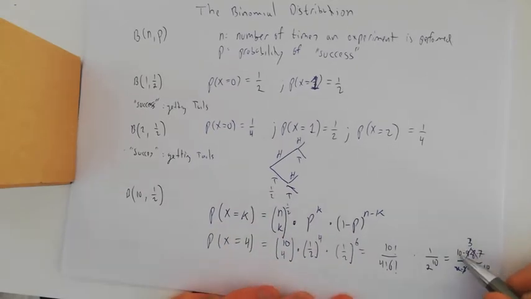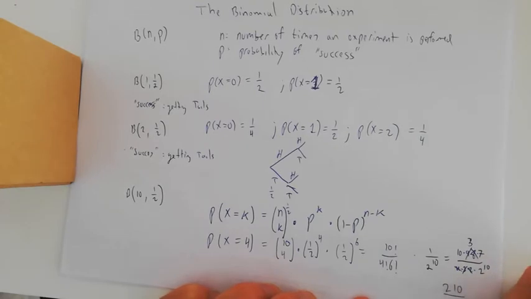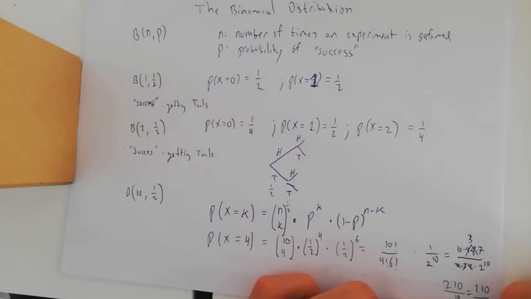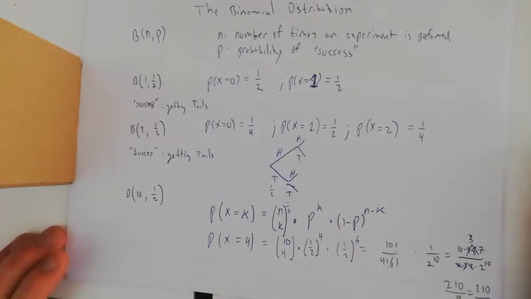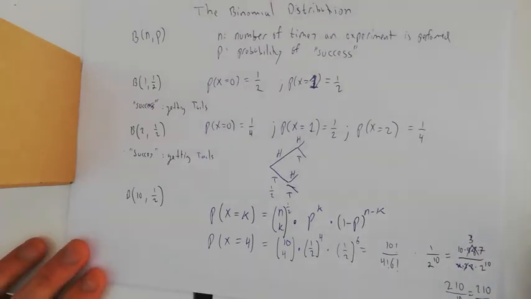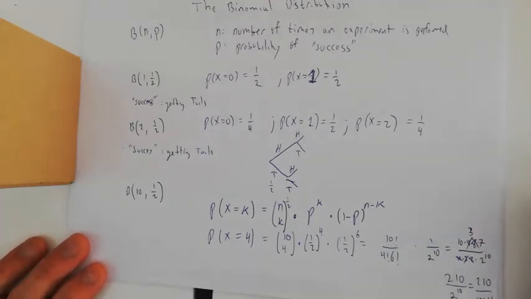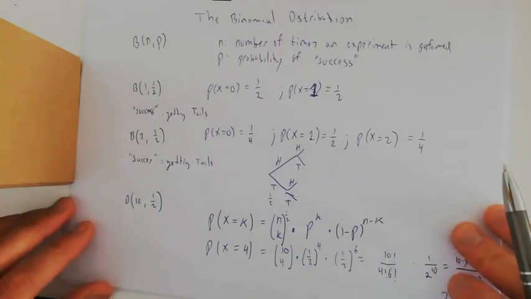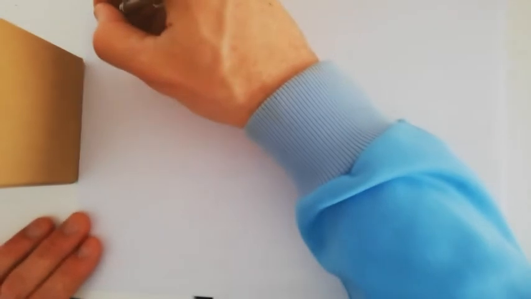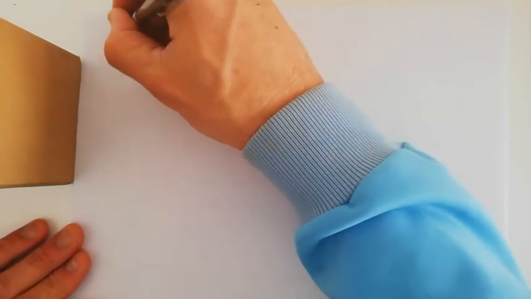So we get 30 times 7, that's 210 over 2 to the power of 10, so 210 over 1024. That's the probability of getting 4 tails if we throw the coin 10 times.